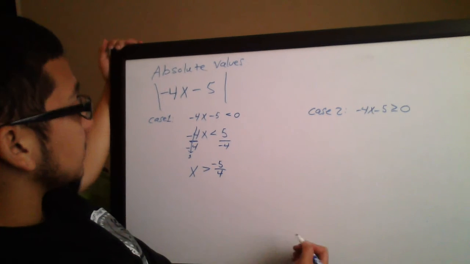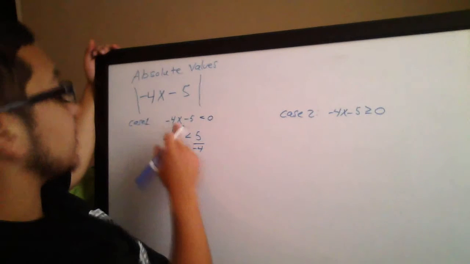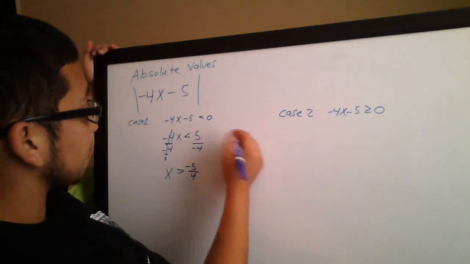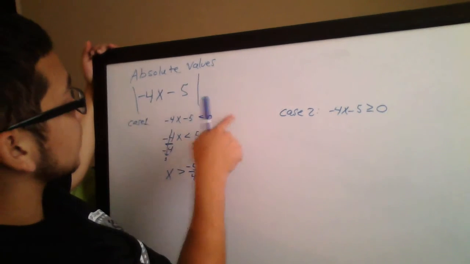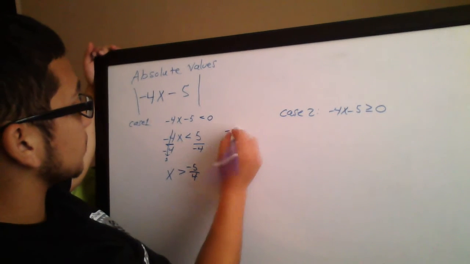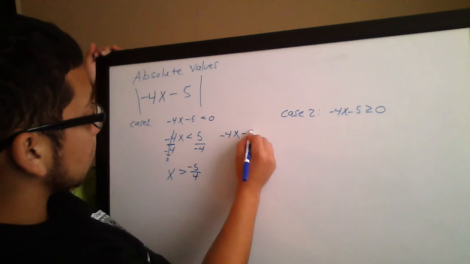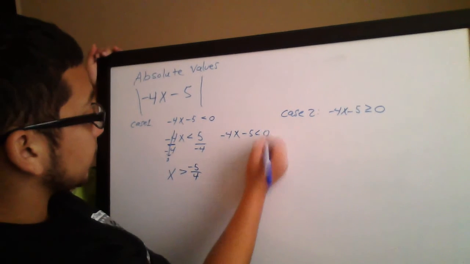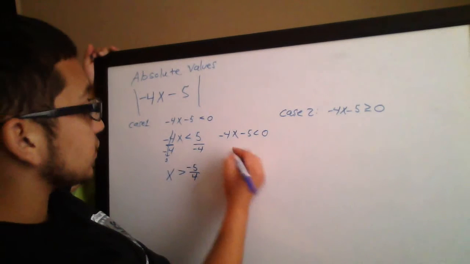Now I'm going to show you that it gives you the same thing if we initially moved the 4x to the other side instead of the 5. So I'm just going to write the equation here: minus 4x minus 5 is less than 0. I'm going to move the minus 4x to the other side first.